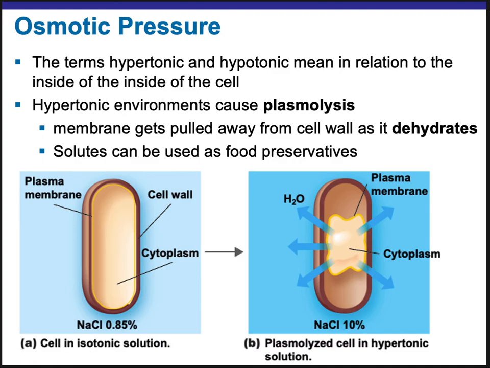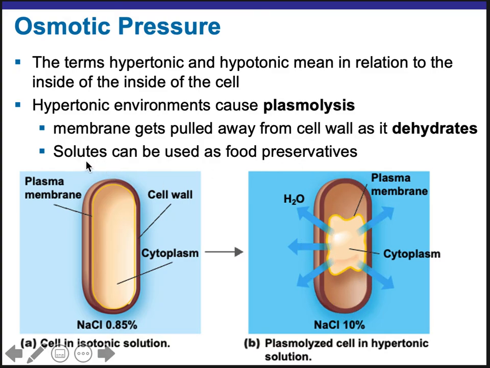Why? Because molecules like to be at equilibrium, and so the water is going to move towards the higher concentration of solute in an effort to make an equilibrium. And so that's going to cause the membrane to pull away from the cell wall as it dehydrates, and this is referred to as plasmolysis.